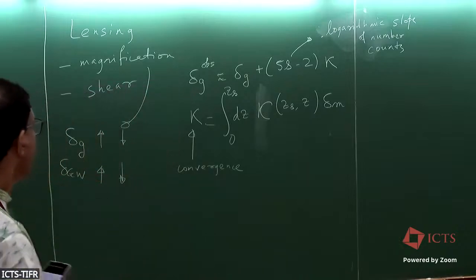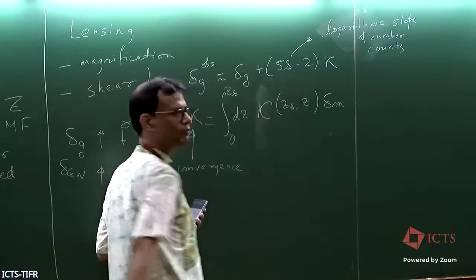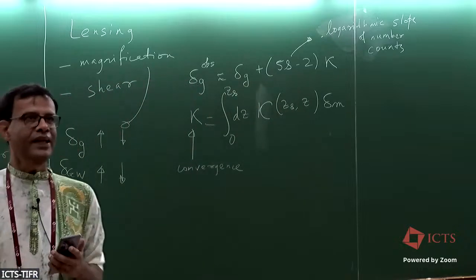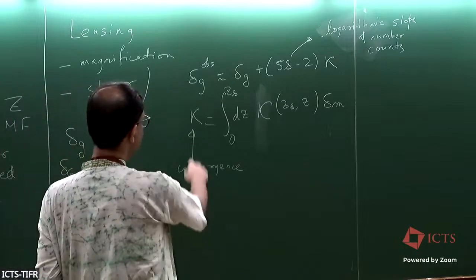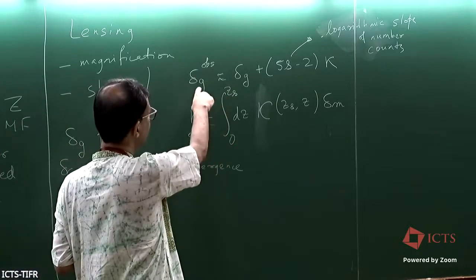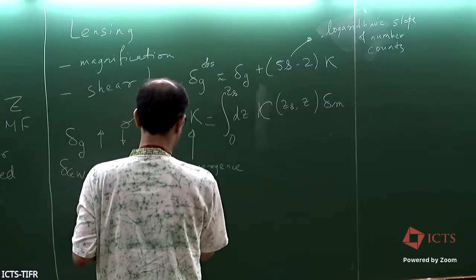So this is how the observed density changes. Now if you calculate the power spectrum, or correlation function, you will do a delta G observed, delta G observed.